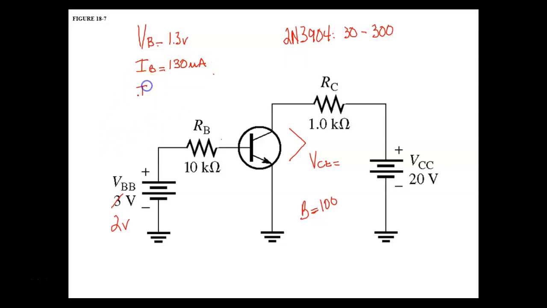So what would IC equal? Times 100, because this is the beta. Hopefully you can see I'm putting 130 microamps in the base, and I'm getting 13 milliamps out of the collector, right?